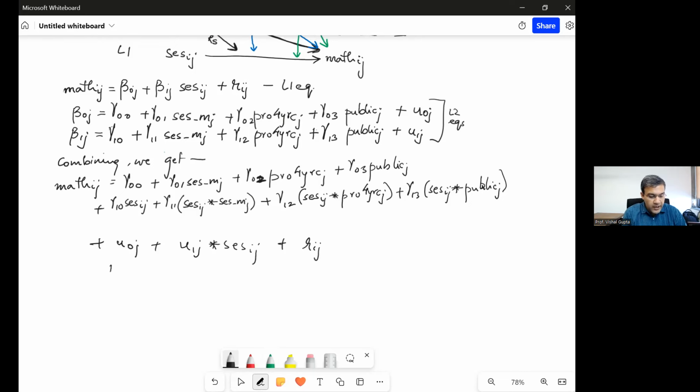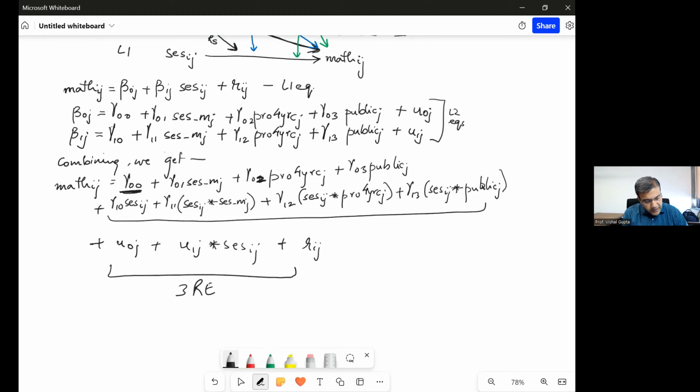How many random effects? 3 random effects. How many fixed effects? 1, 2, 3, 4, 5, 6, 7, 8. You get 8 fixed effects. What is the degree of freedom? 8 plus 3 plus 1, which is the covariance.